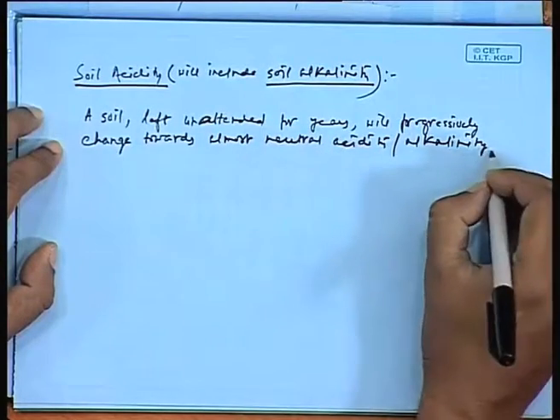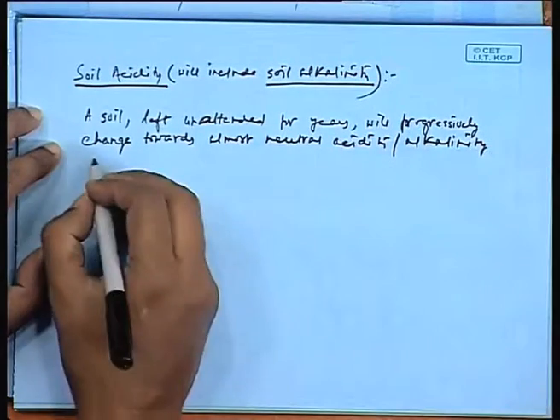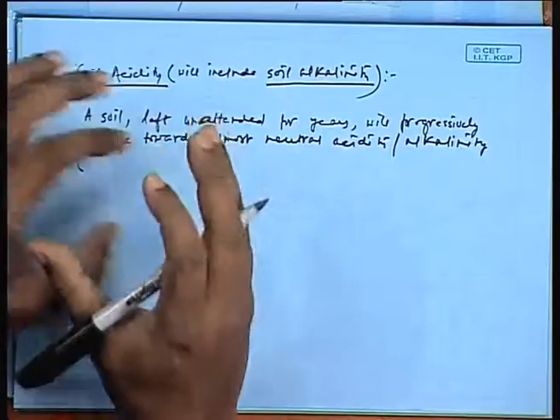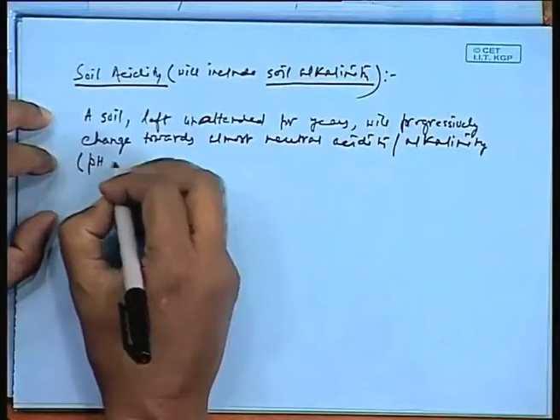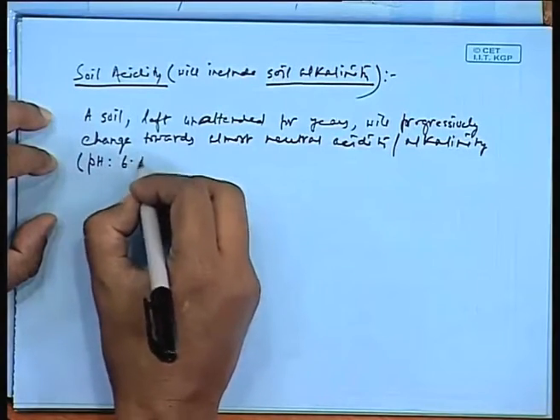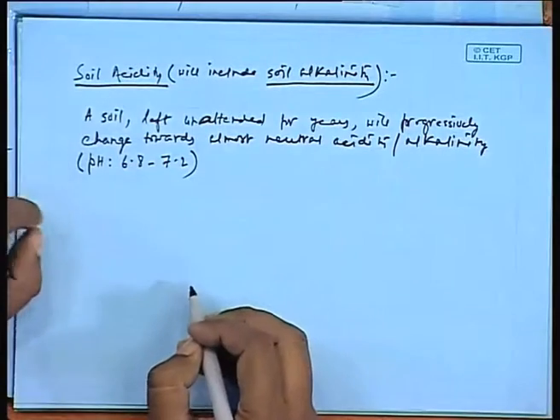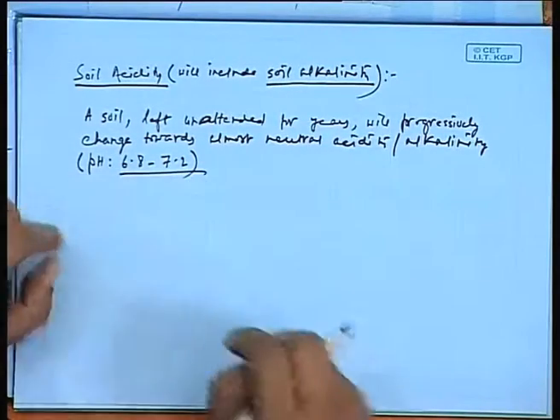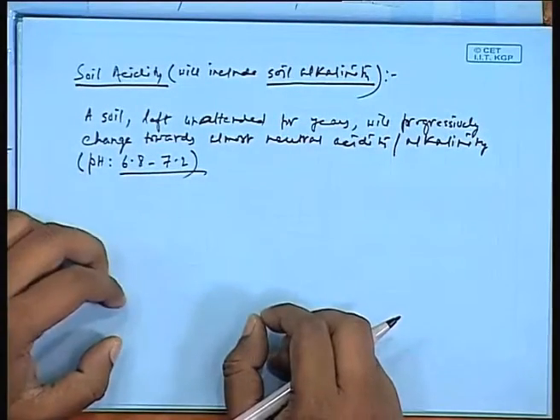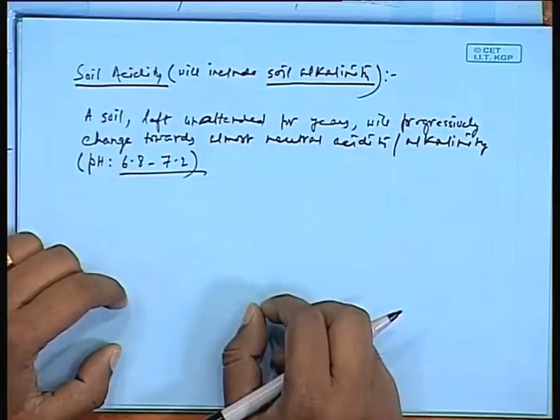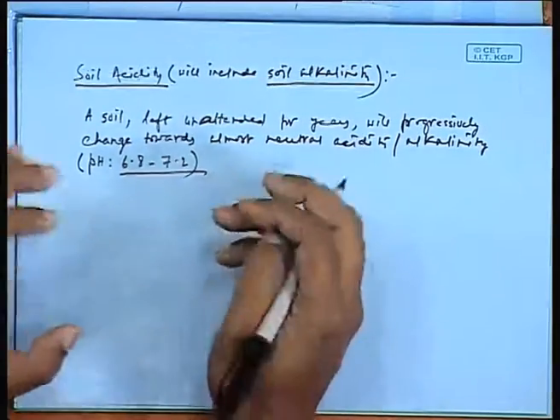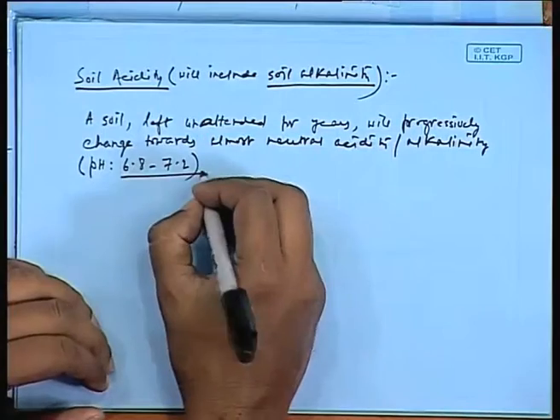If the soil is unhindered or not disturbed for a long time, you will generally observe the soil pH would be between 6.1 and 7.2. So you can see it is neither very acidic nor very alkaline. This is what the soil would progressively move towards.